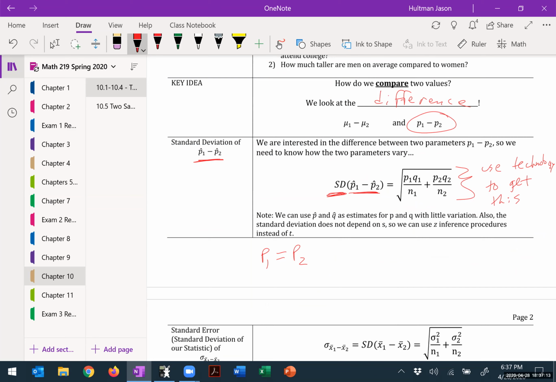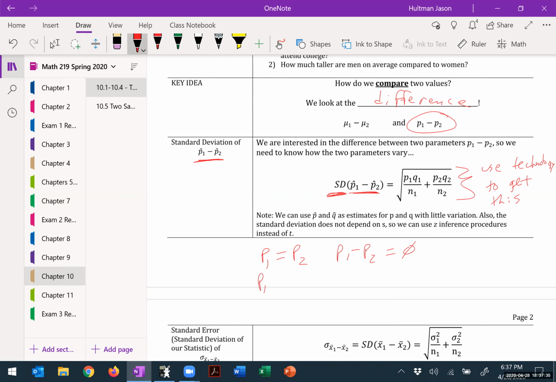When I subtract the two, P1 minus P2, wouldn't that be equal to 0? If it's 3 equal to 3 or 0.3 equal to 0.3, the proportions in the two populations are the same. Well, wouldn't the difference be 0? Yeah, it would be 0.